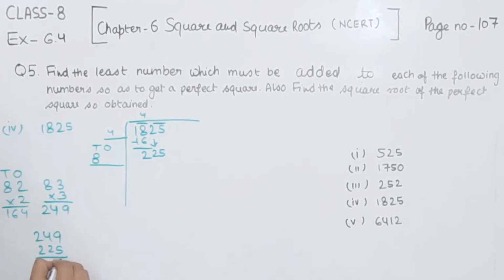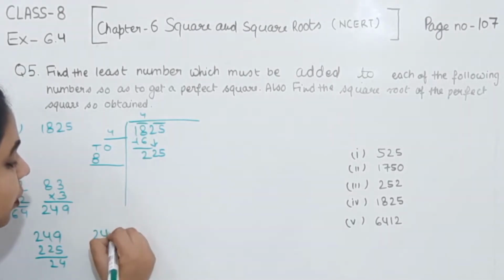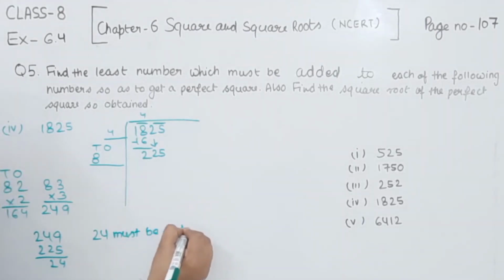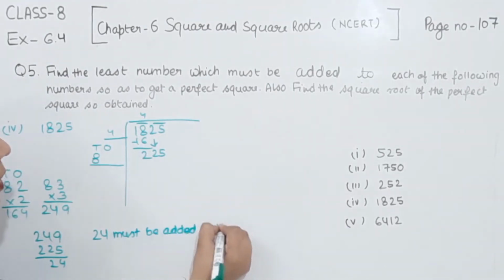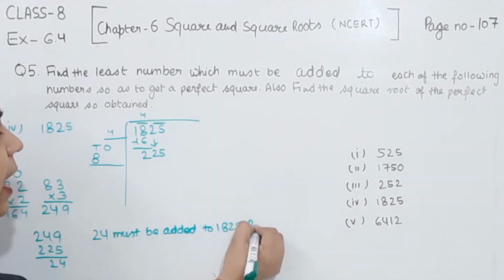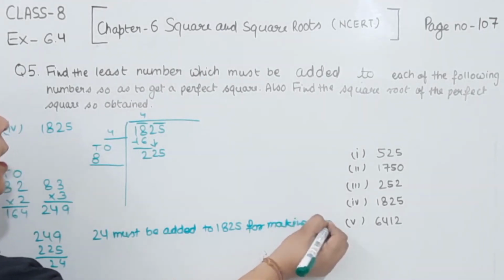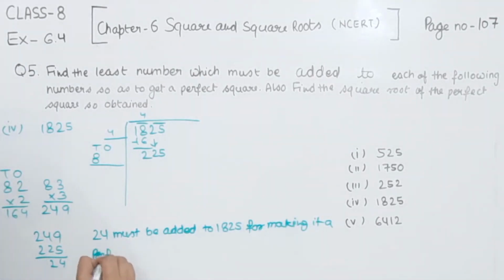So how much we have to add? We have to add 24 in the number. So I'm going to write here 24 must be added to 1825 for making it a perfect square.